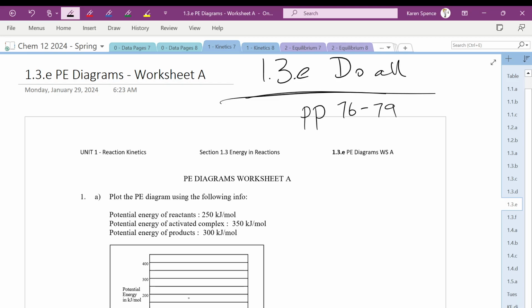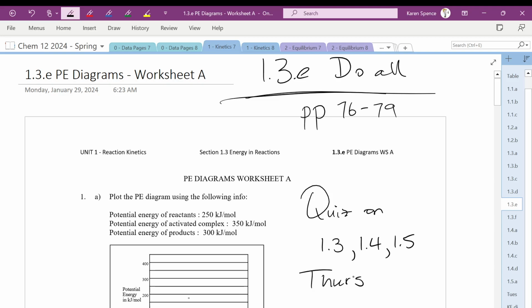Okay, Tuesday. Quiz on 1.3, 1.4, 1.5. That's going to be on Thursday, this Thursday, but I reserve the right to change my mind and change it to Tuesday. It will probably be Tuesday.